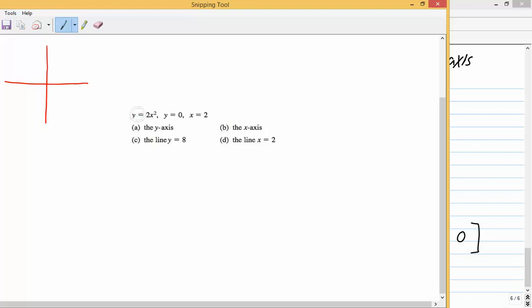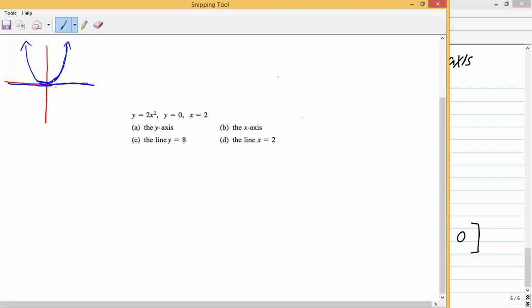So you need to graph y equals 2x squared, just a rough sketch. Something like this. It does touch at 0, 0. Alright. And then the line y equals 0, where is that? Y equals 0 is the x-axis. And then the line x equals 2.